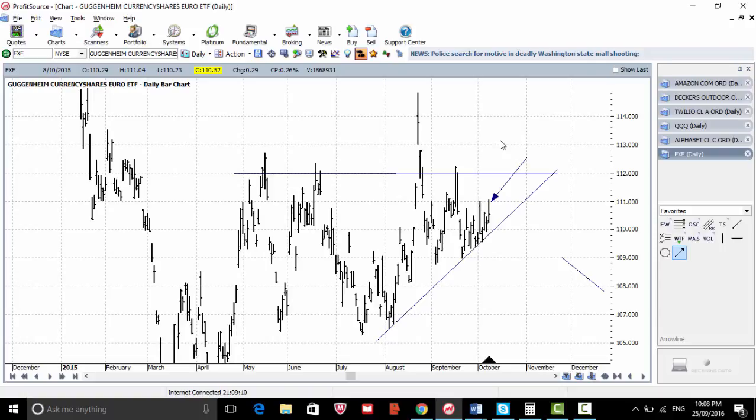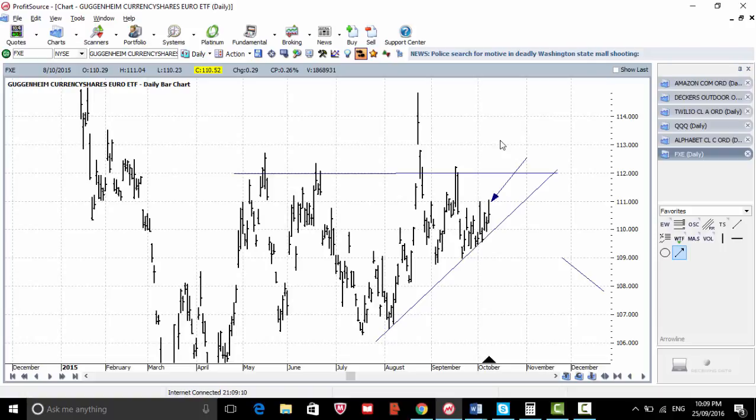With that pattern of 2 higher closes above the resistance level, it's confirmation to me that the stock's going to move higher, and therefore I don't have to have my put options in place, because I'm no longer expecting it to decline. When I say stock, I'm referring to the euro in this case, the exchange traded fund.